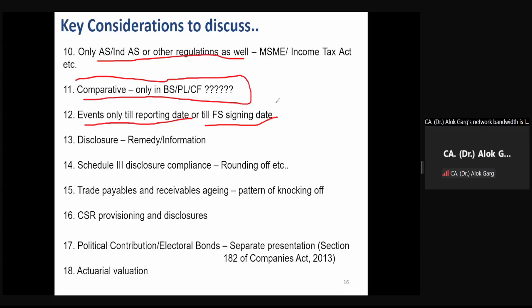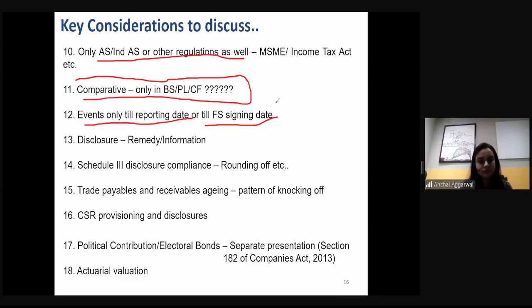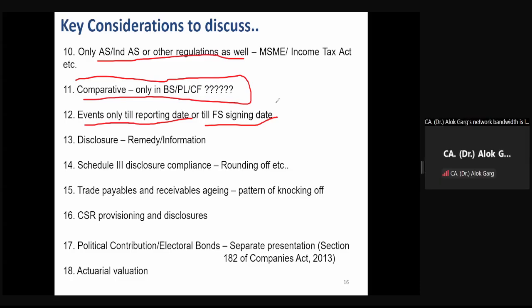For example, the company has created a provision for doubtful debt in the 31st March balance sheet. The company was thinking that this money is dicey and probably I will not be able to receive it, and the company has created a provision of rupees 50 crore on the doubtful debt. Before balance sheet signing, the company has got the entire amount from the debtor.